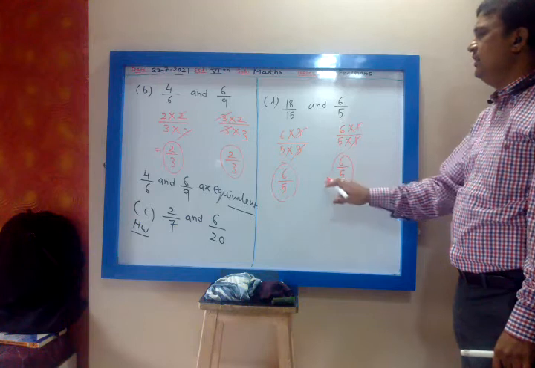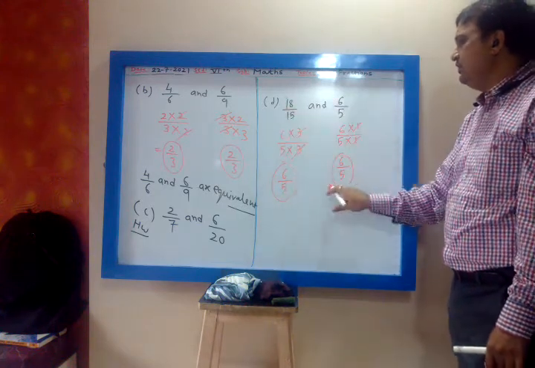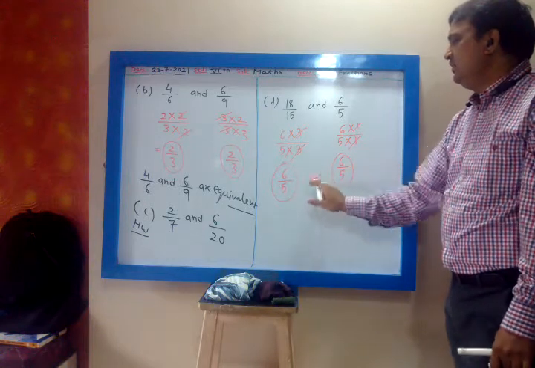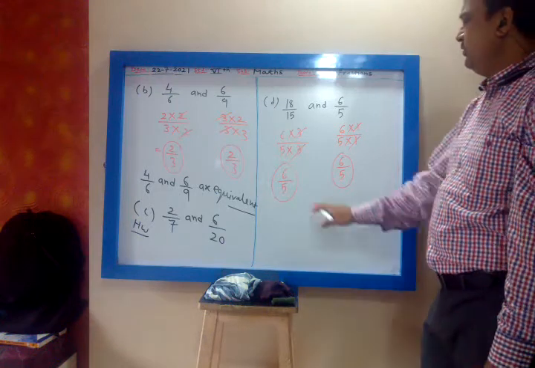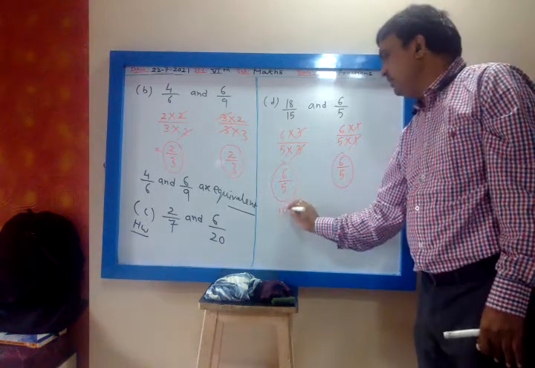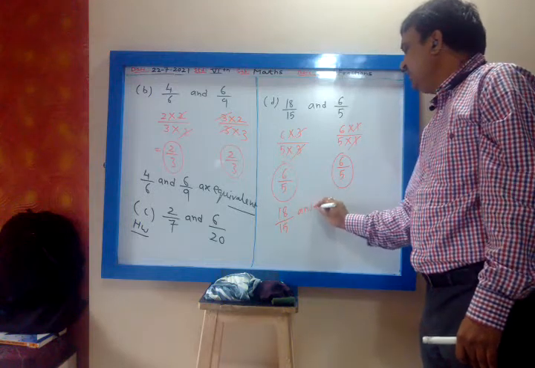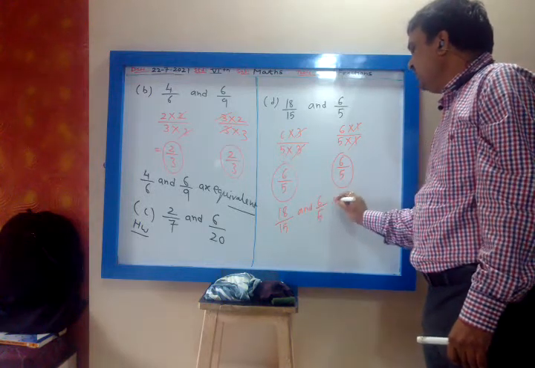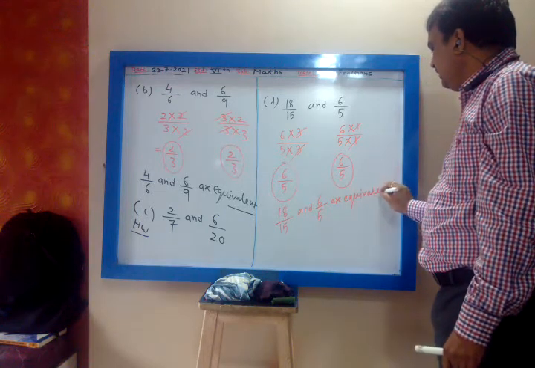So this value, 18 upon 15, is 6 upon 5. Are these two equal? Yes. So 18 upon 15 and 6 by 5 are equivalent.